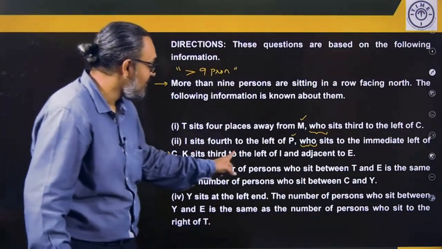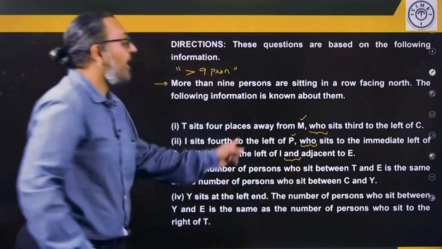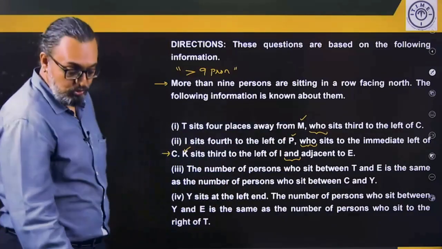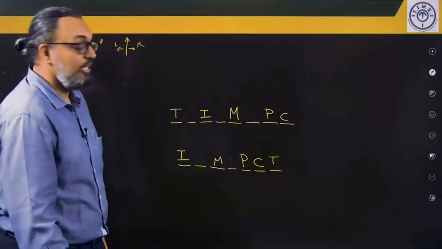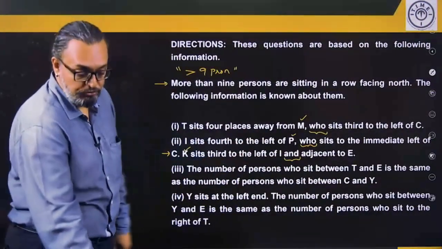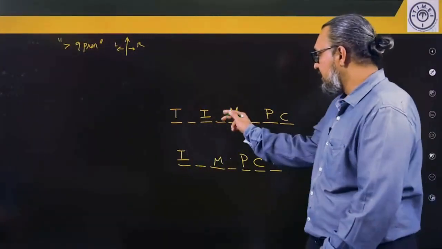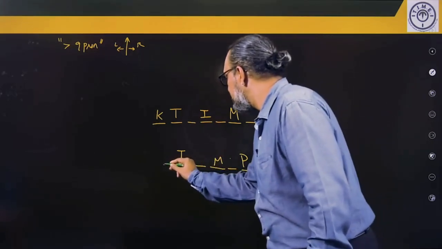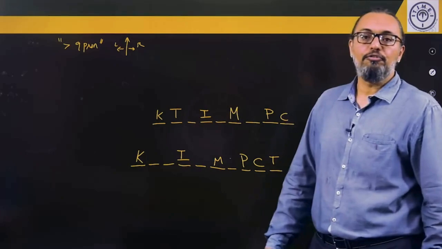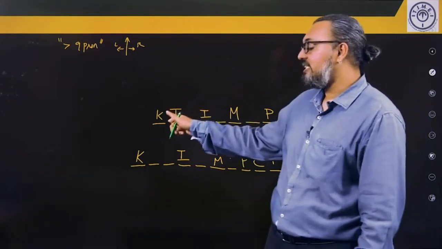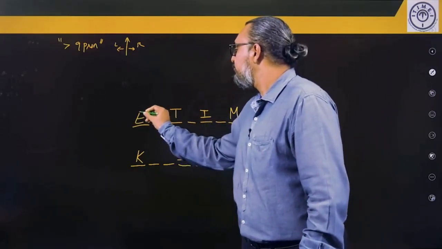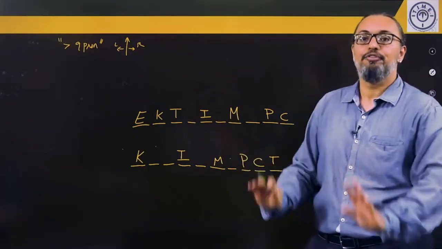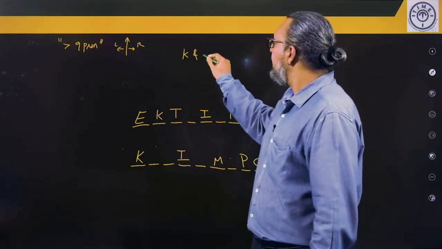There is a continuation. K sits 3rd to the left of I and adjacent to E. So, K should be 3rd to the left of I and adjacent to E. First left of I, what left did he say? 3rd to the left of I. So, here I is here, first, second, and then you can have K 3rd to the left of I. And here also first, second, third, K 3rd to the left of I. And adjacent to E. In the first case, one adjacent is already T, so the other adjacent we can fix E. Now here either you can have E in this adjacent, or I can also take one other position on that side and I have to fix E. So we have K and E adjacent.